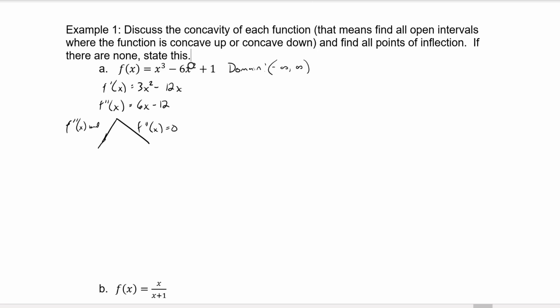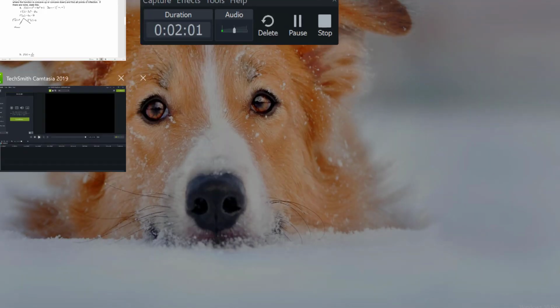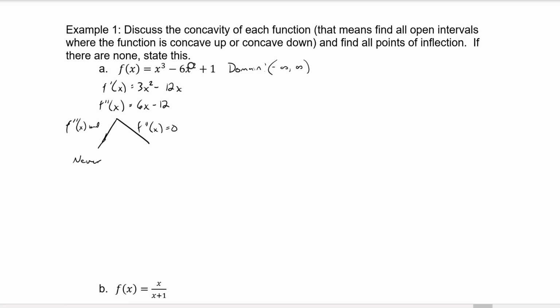In this case, well, f double prime's never going to be undefined, right? Because it's a polynomial. And then f double prime equal to 0 means 6x minus 12 equals 0. 6x equals 12, x equals 2. So the only possible point of inflection in this case is x equals 2.